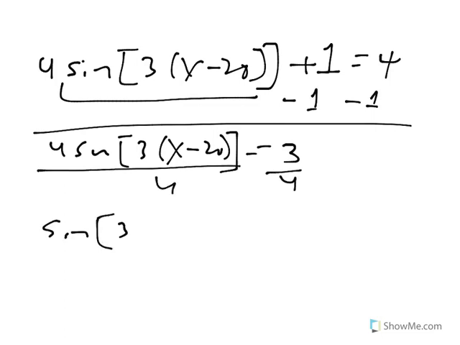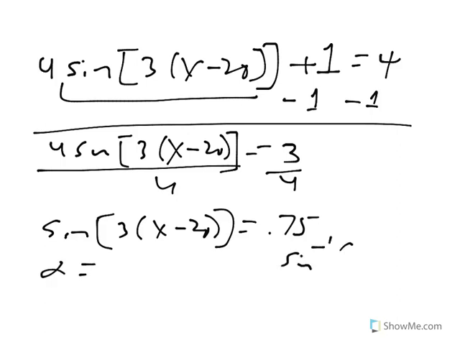Sine bracket 3 parentheses x minus 20 equals 0.75. Now on a calculator, we do sine inverse of 0.75. We would do that even if this was negative, but it's not, so we're not tempted to do anything other than put sine inverse of 0.75, and we get 49 degrees.